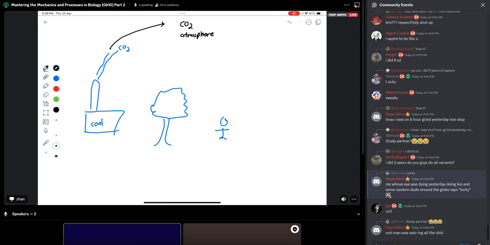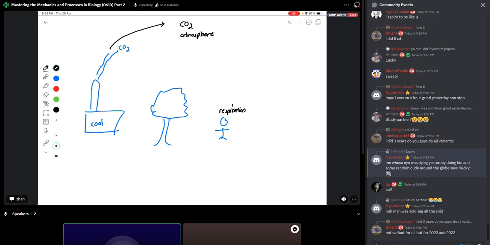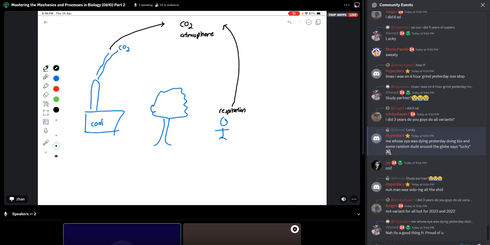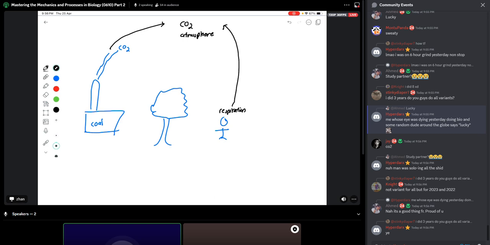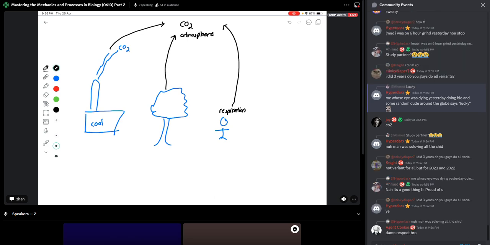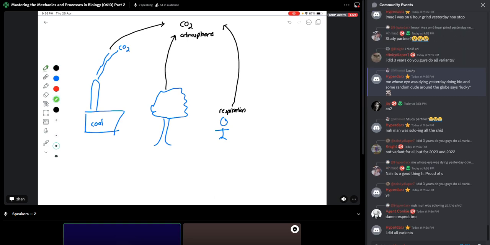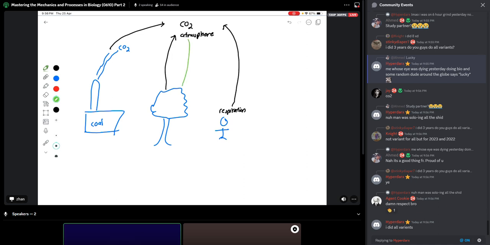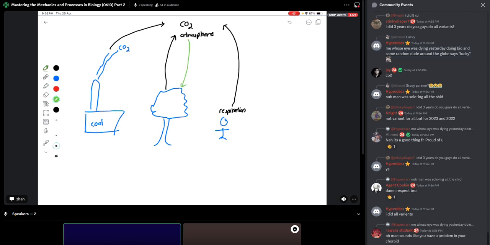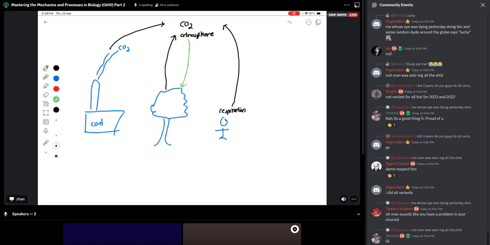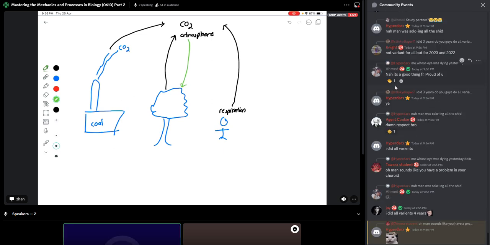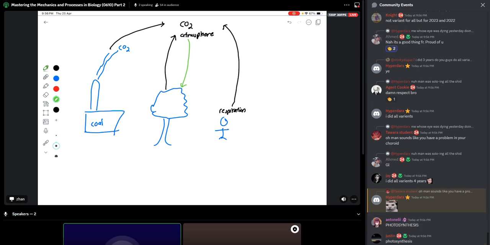Humans will also undergo respiration, which the product is also carbon dioxide, so it also goes to the air. Trees also undergo respiration, so they will also release it to the air. But one thing is that for plants, carbon dioxide can go inside. What is the process that absorbs carbon dioxide in the carbon cycle?